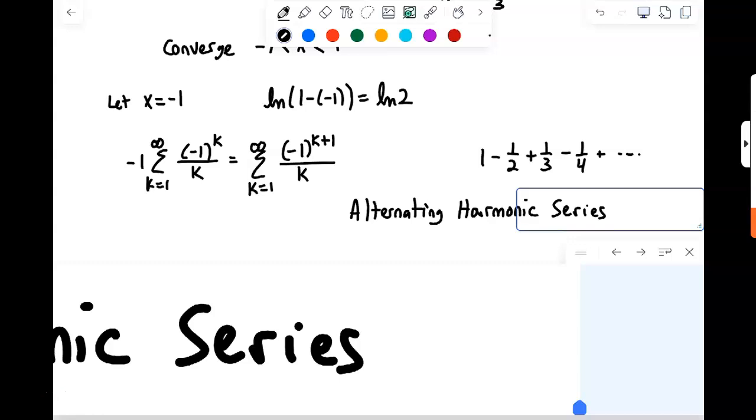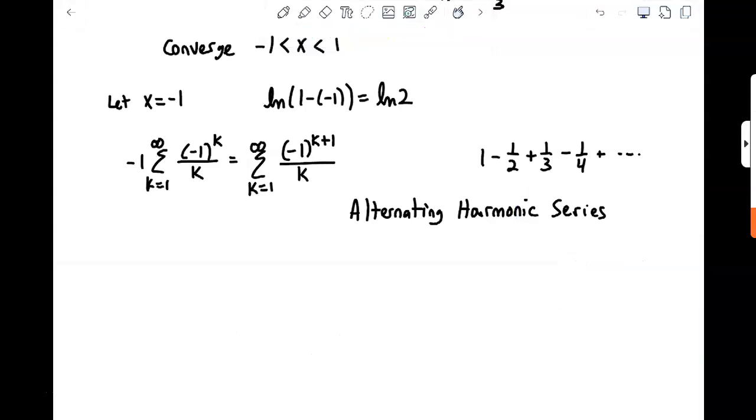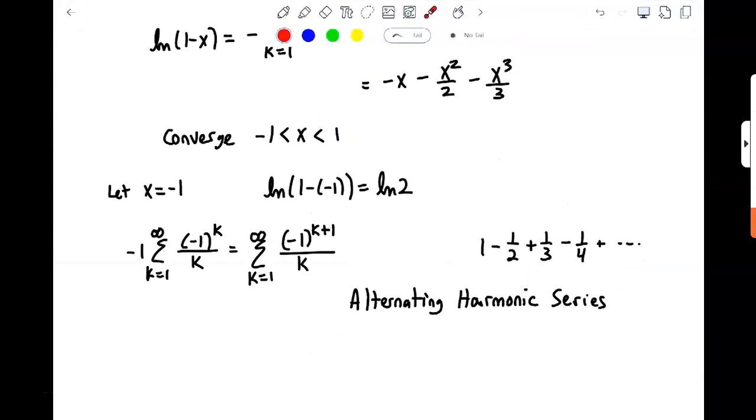Unfortunately, at this point in time, we cannot say much. We do know that the alternating harmonic series converges. But we can't right now say that it converges to ln of 2 because this result only guarantees that it works if we're inside the endpoints.